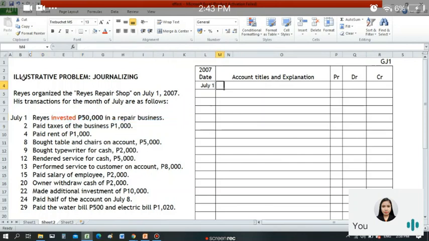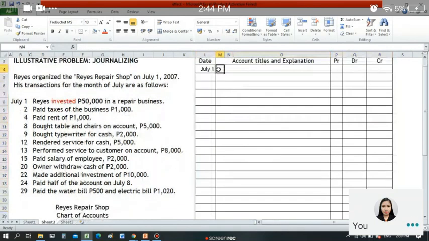Always take note when journalizing or analyzing the transaction, you must be on the point of view ni business. So kung nag-invest sa'yo si owner, meaning nagkaroon ka ng cash. So point of view tayo ni business, so you will receive or debit cash because debit is the value received.